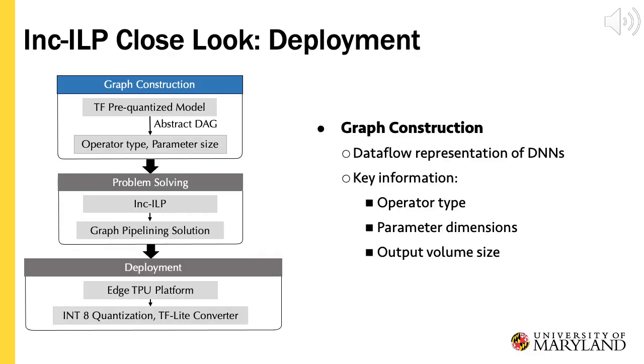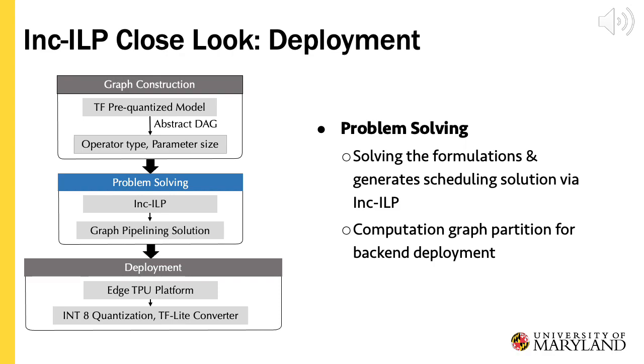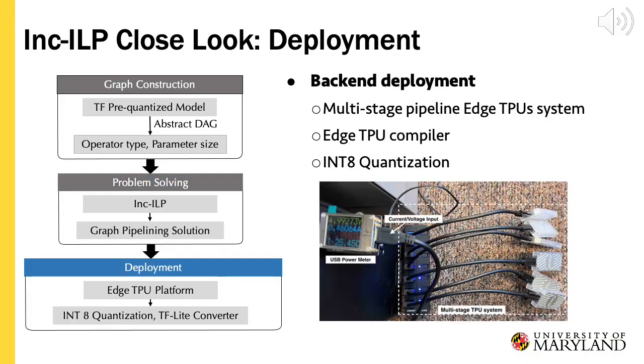This slide is the system integration. In our system, the first step involves the DAG generator, which extracts the DNN model structure to form a DAG. This includes important details such as the operation nodes, edges, and tensors. Following this, IncLP uses the derived graph to infer and generate the scheduling solutions.